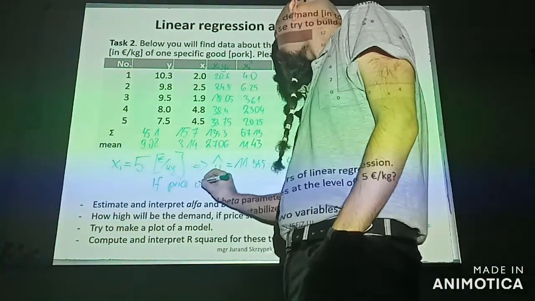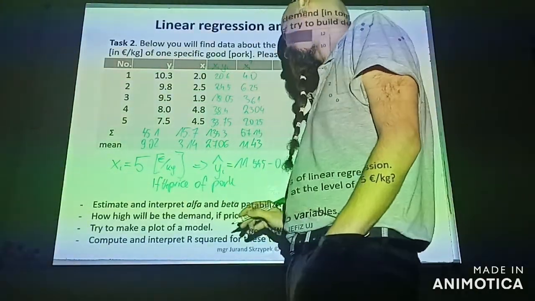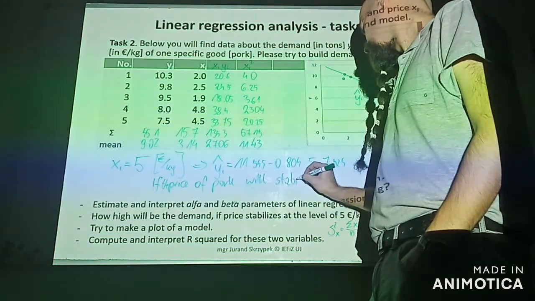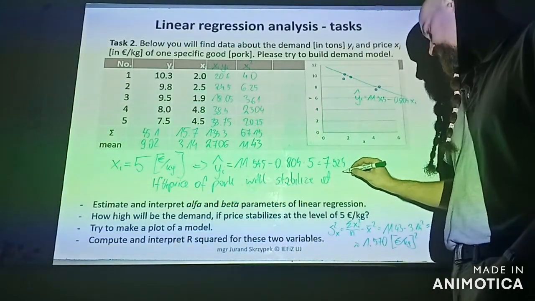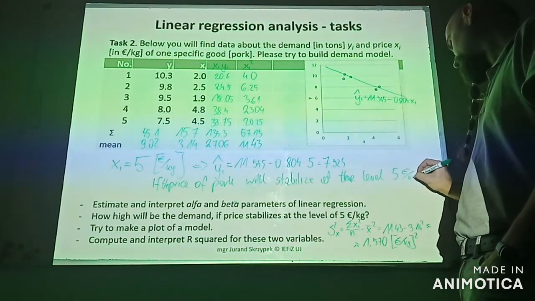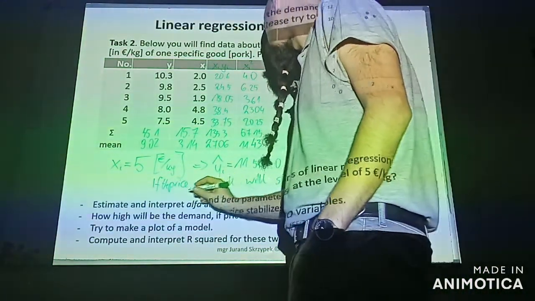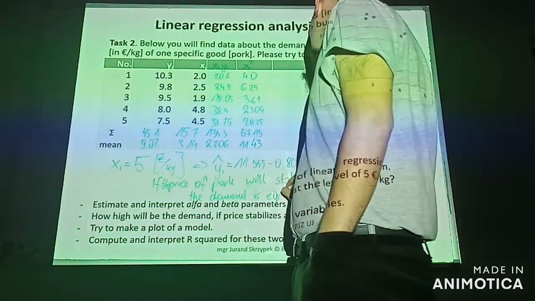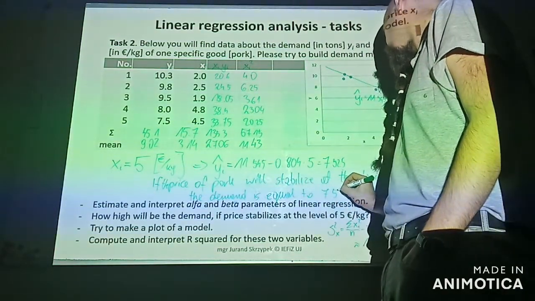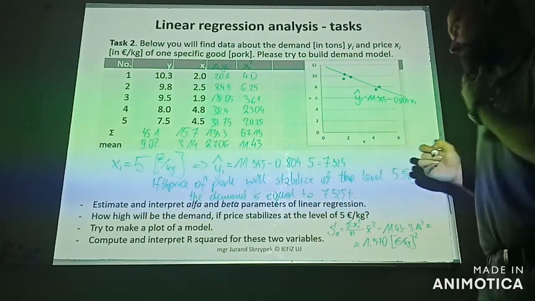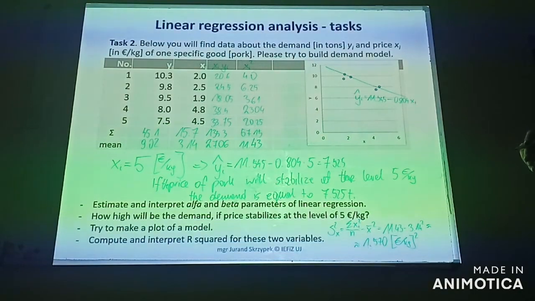If the price of pork will stabilize at the level of 5 euros per kilogram, the demand is equal to 7.525 tons.